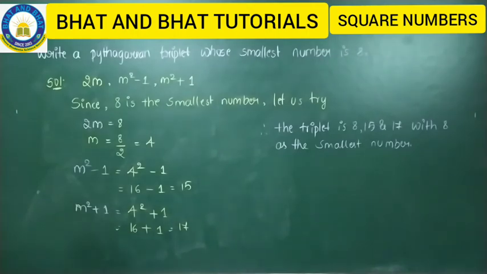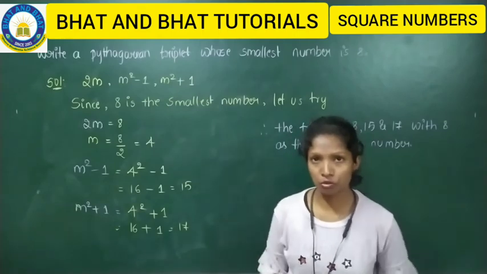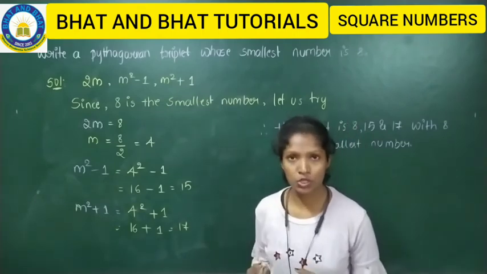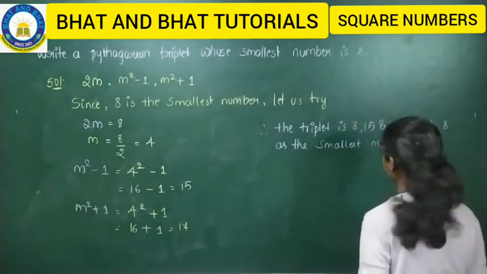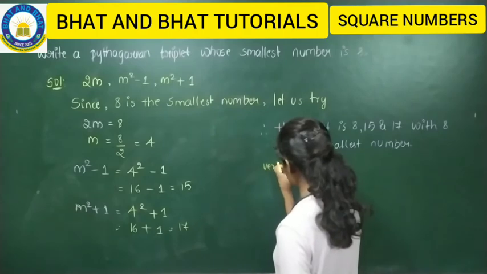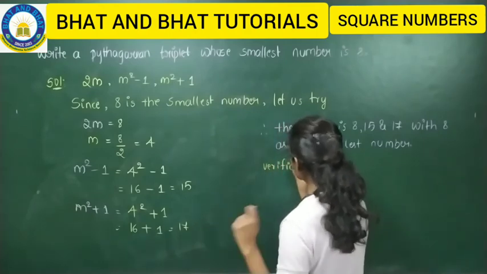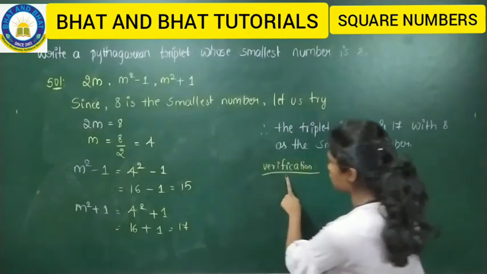I hope you all copied this, and one more piece of information I can give you. For this question also, whatever we did for the first question, we can do the verification. So how can we do the verification? This is just for your understanding, okay, I'm doing. So verification.